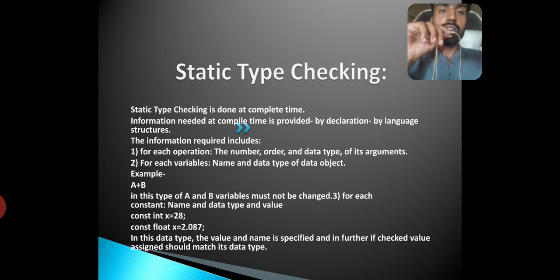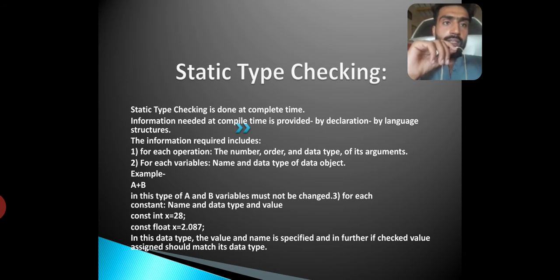Static type checking is done at compile time. Information needed at compile time is provided by declarations and by language structure. The information required includes: one, for each operation, the number, order, and data type of its arguments.